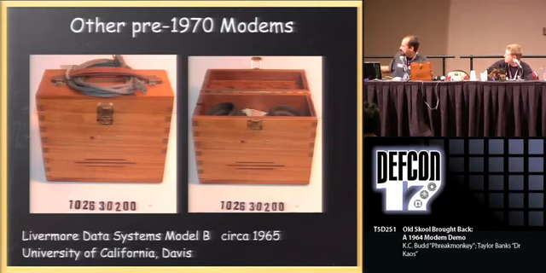The other thing is that this one has two lights on it. And those aren't LEDs, despite their size. It was 1965. They're little 12-volt lamps. And one of them, according to an email I got, like I said, I was contacted by a guy from Livermore Data Systems who used to work on these.